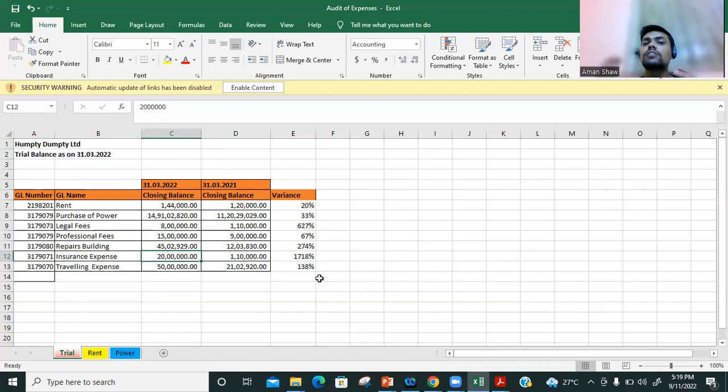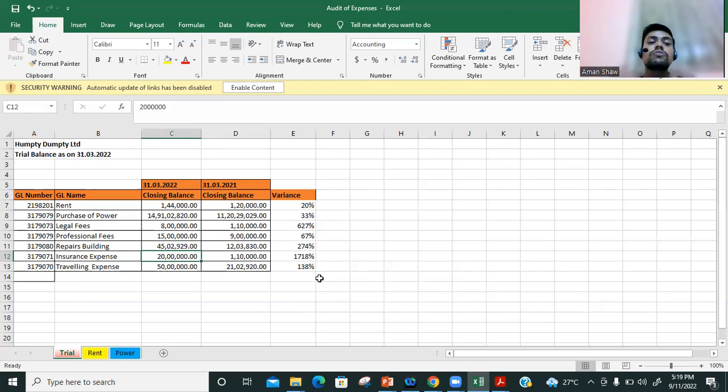So there is a huge chance of a part of the expense needing to be transferred to prepaid. That is an important checkpoint in insurance expense, apart from the invoices you are checking: whether the amount showing in this year's GL relates to the period it pertains to. If it pertains to another period, then the amount should be transferred to prepaid.